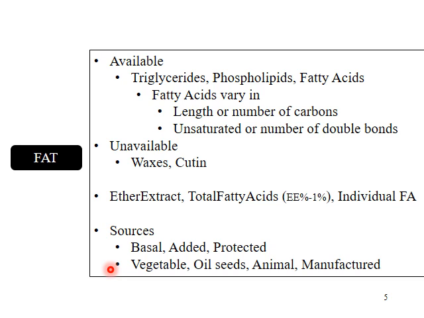Is the fat coming from oil seeds? Is it coming from animals as tallow or different products like energy boosters processed there? Do we have manufactured fats like Megalac and the knockoffs thereof? So depending on what you're looking at, you can divide this way or that way.